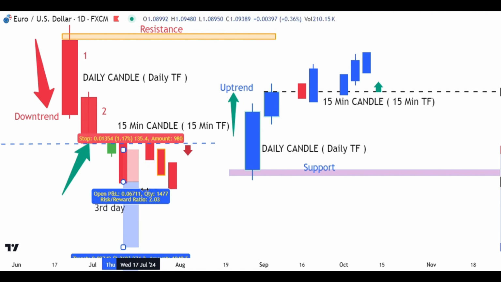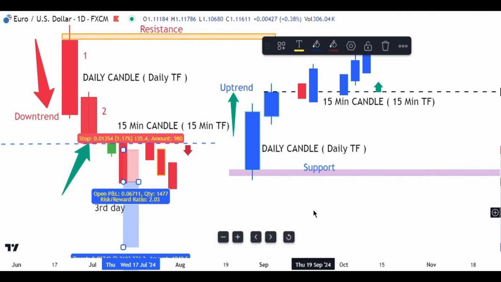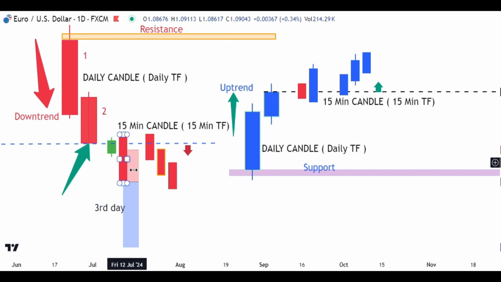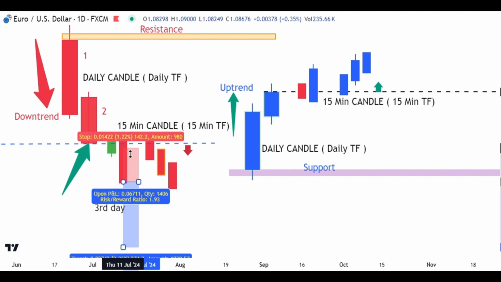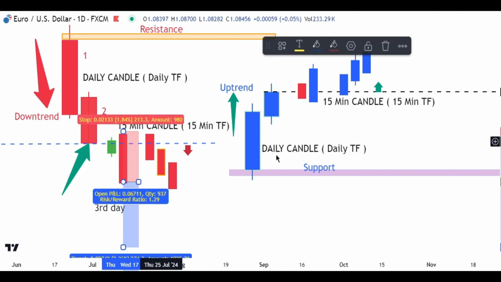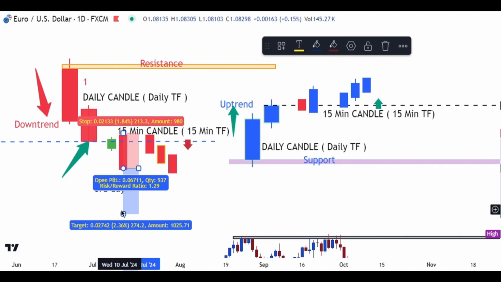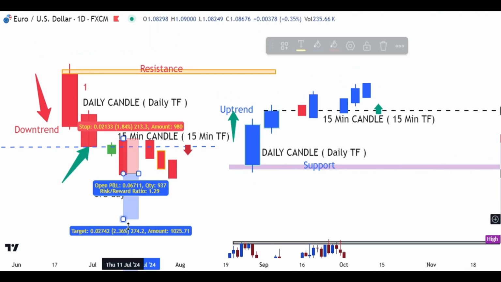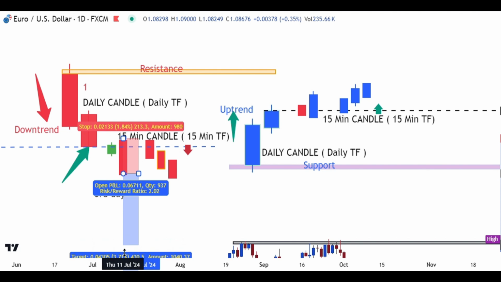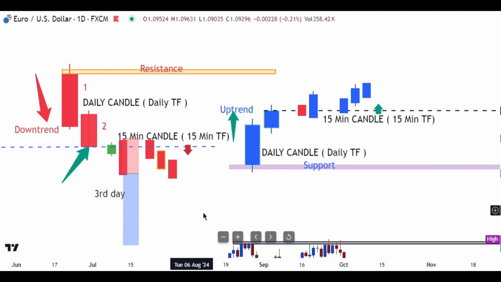This would be on the third day, guys. Make sure you place your stop loss in appropriate places in the 15 minutes time frame, and target at least a 1 to 2 risk to reward ratio.